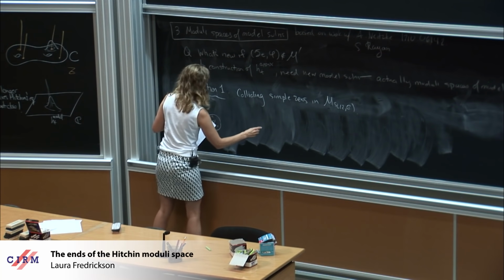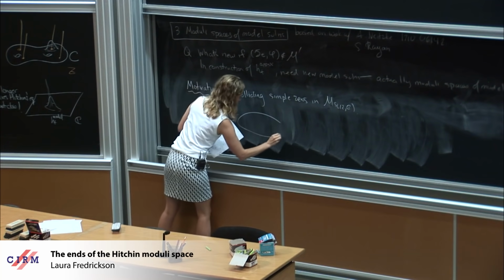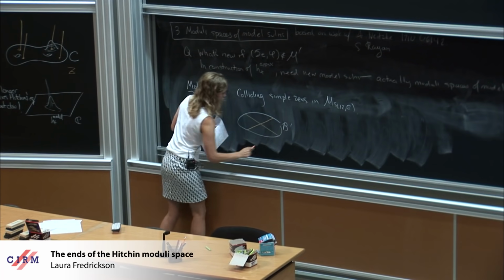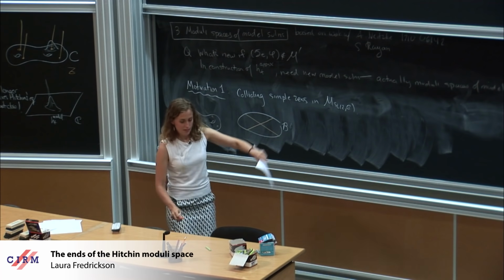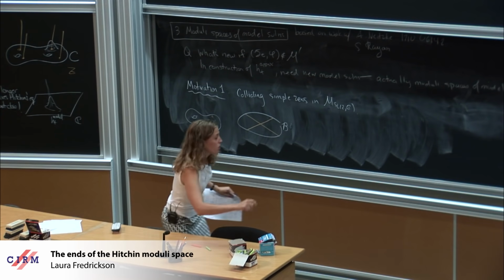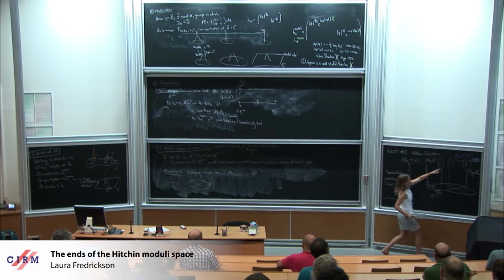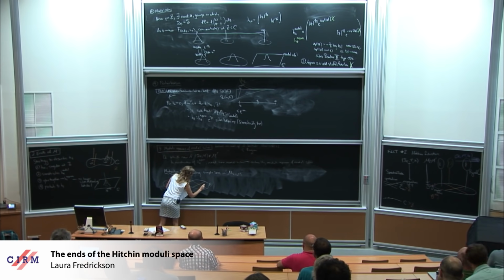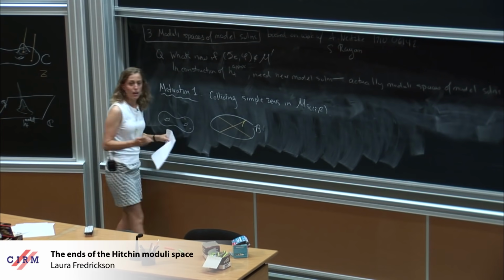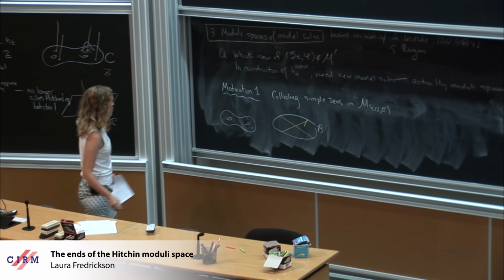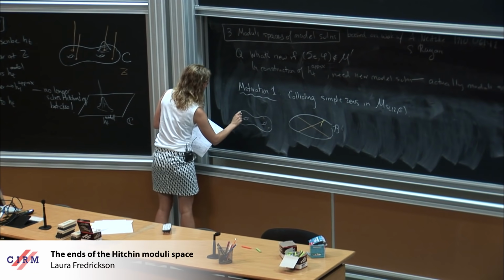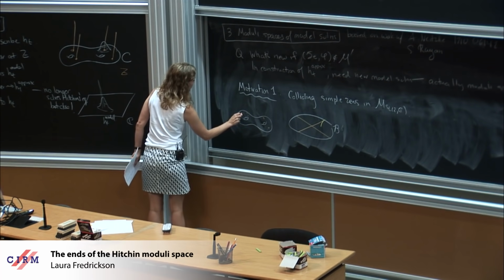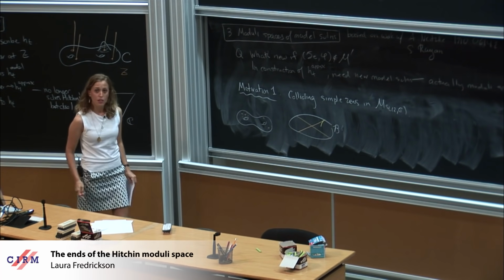I'm just going to draw this in the base, the Hitchin base. Suppose you took some Higgs bundles that project down to not a ray, but some curve which is asymptotic to this. So there's some disk where you have two zeros, and as t goes to infinity, these are getting close.